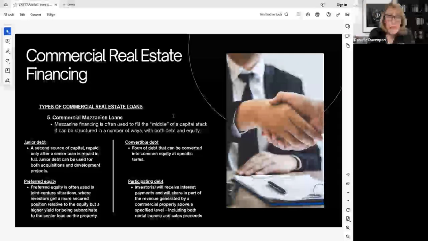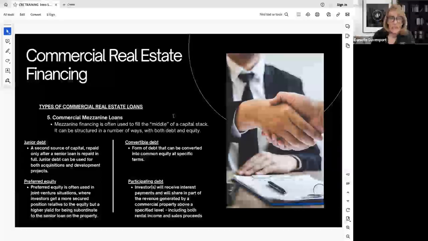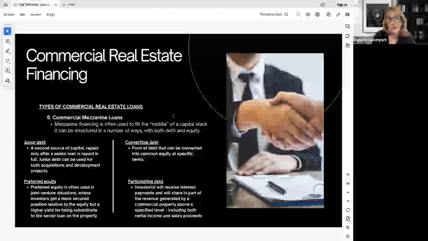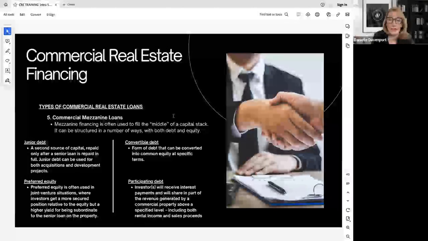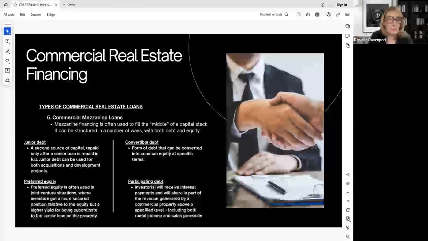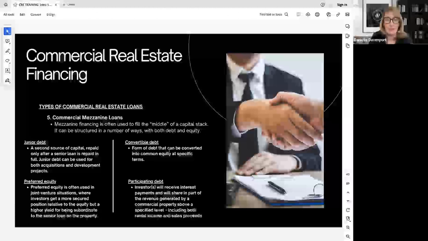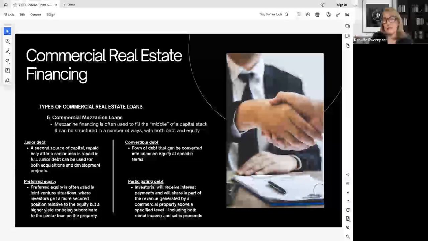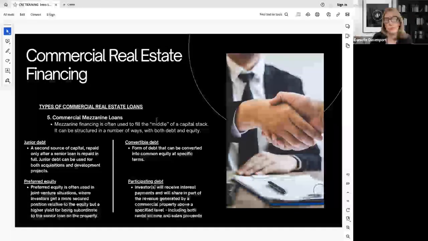You may have junior debt, senior debt, you may put convertible in there. And then you also may need some mezzanine, which is kind of in the middle of that capital stack. So this is some terminology that it's real important to understand. And think $100 million projects, $200 million projects, you're going to have to get different financing from different sources because you have to spread the risk.